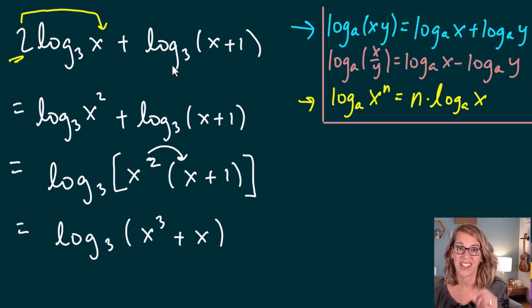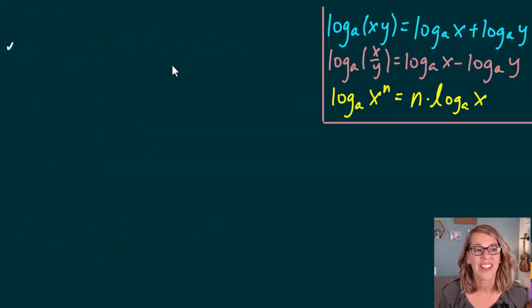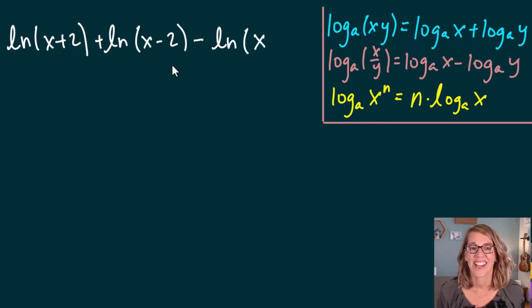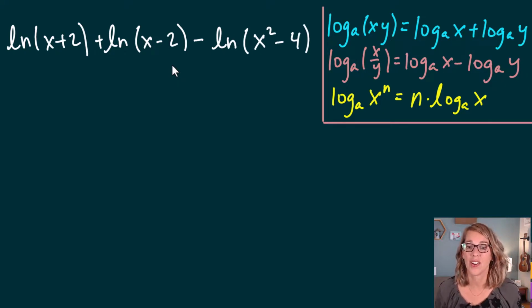Let's combine another one. This one is the natural log of x plus 2 plus the natural log of x minus 2 minus the natural log of x squared minus 4. Okay, so let's go ahead and start combining.